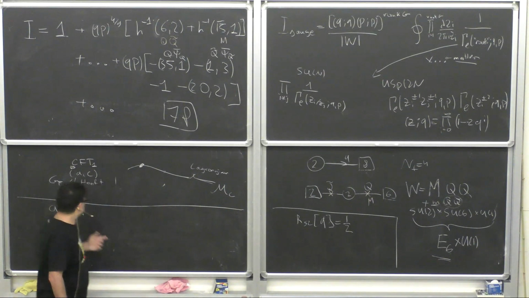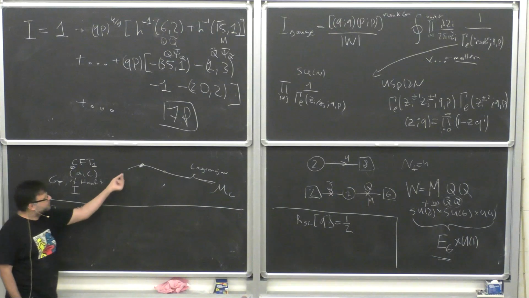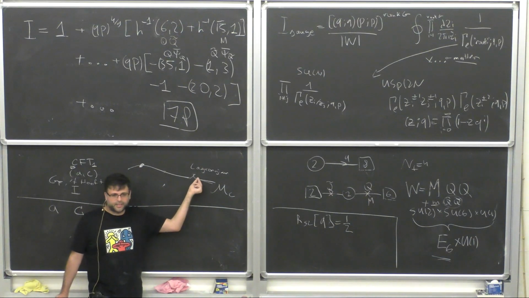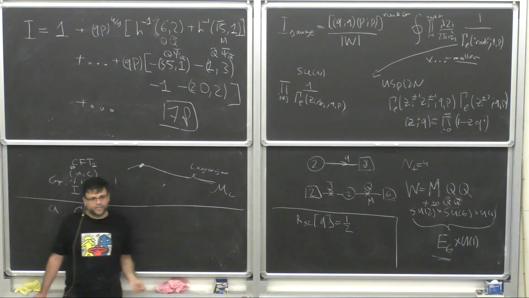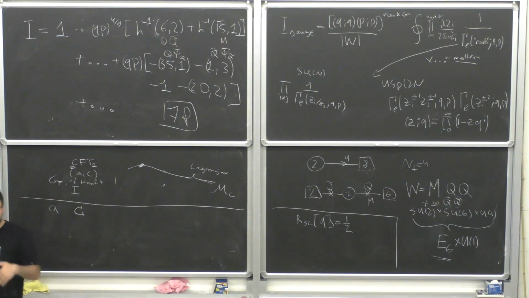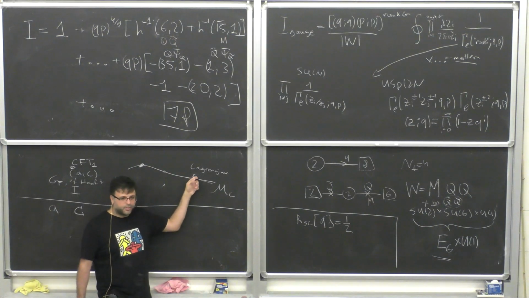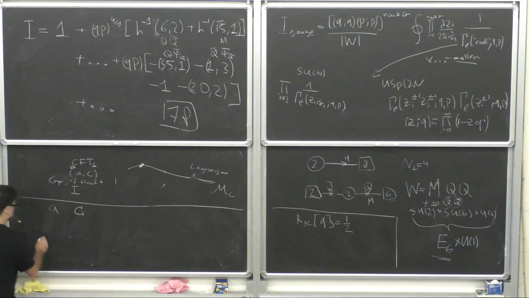So the A and C anomalies of my theory should be the same as the A and C anomalies of this Lagrangian theory. But if I have a Lagrangian theory given in terms of free fields, I can compute the A and C anomalies using these free fields. So I can write the following equation.